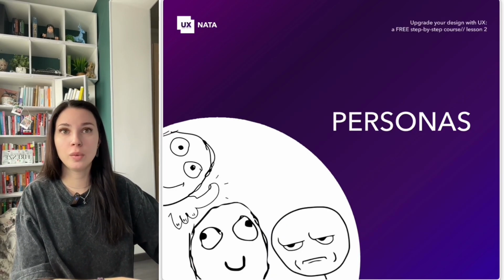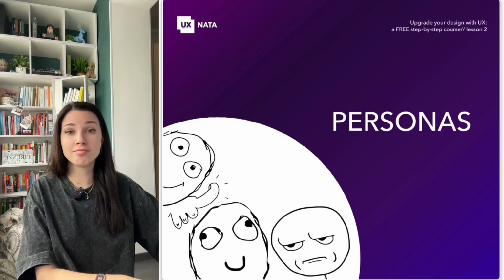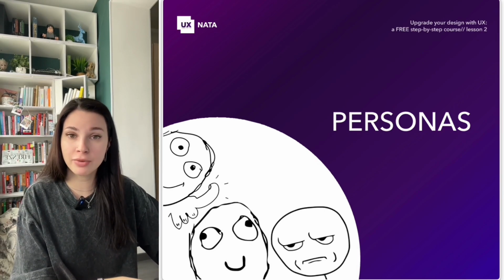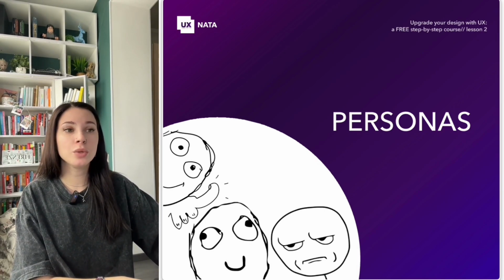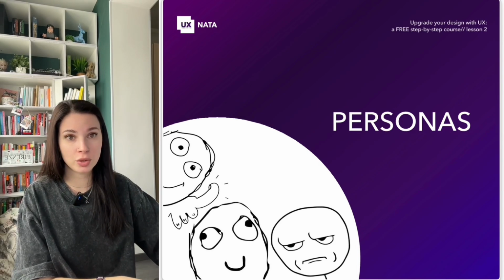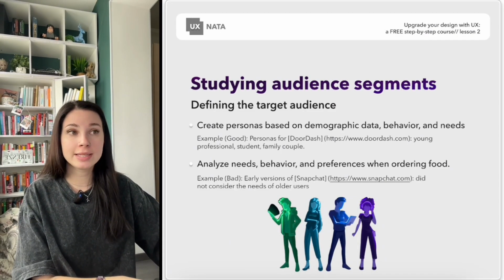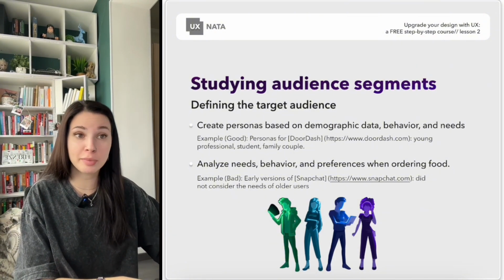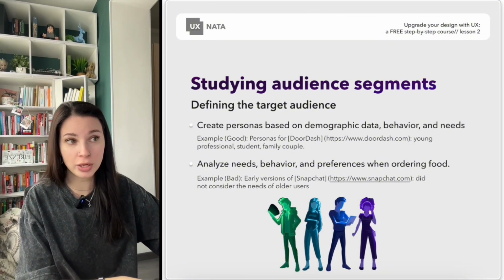Then we have data. We have some research or results after our competitive analysis audit, and we can construct or create personas. So, starting with audience segments, defining the target audience. We'll try to create personas based on demographic data, behavior, and needs.